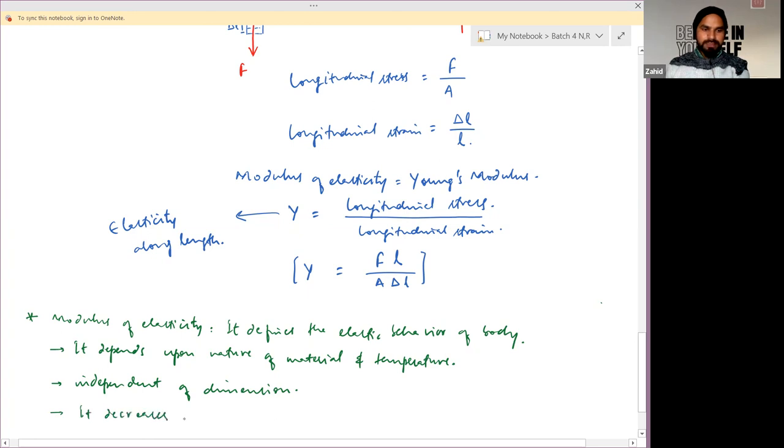Is it clear? And this will be applicable for all types of modulus of elasticity, whether it is Young's modulus, shear modulus, or bulk modulus.